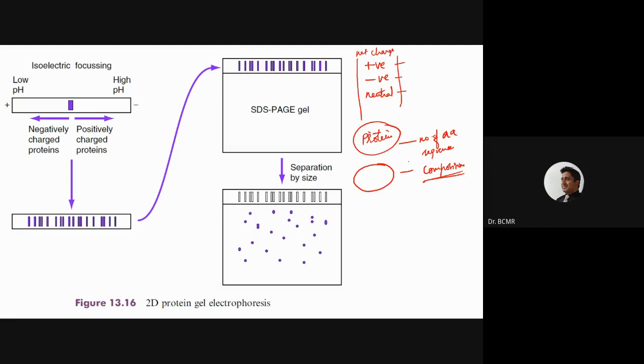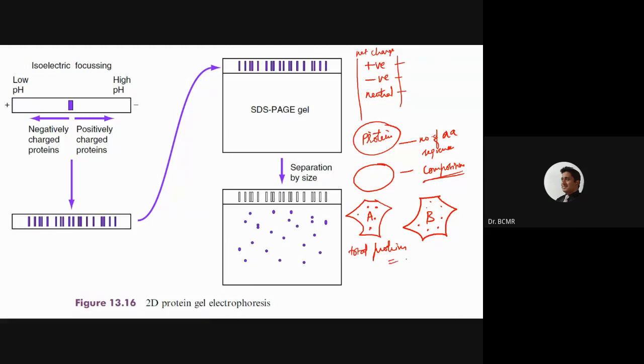So if I have a situation where I need to know about two different cell types from the same organism, or one treated and one untreated, something like that, then I want to know what are the different types of proteins in A, and what are the other proteins expressed in B. I want to know all the proteins that are expressed in A and all the proteins that are expressed in B. That means we are actually trying to know the total proteins expressed.